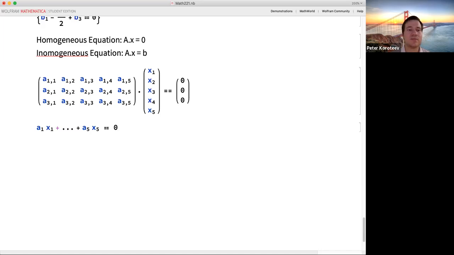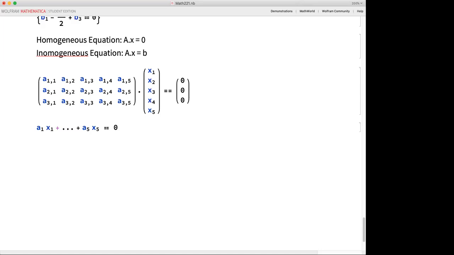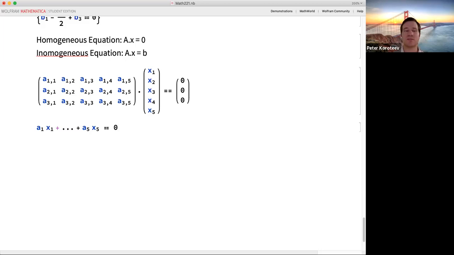So can you tell me immediately for which values of coefficients x1 through x5 this will always be true? Can we always satisfy this relation? To which values do we need to set x1, x2, x3, x4, and x5 so that this combination will be equal to 0?